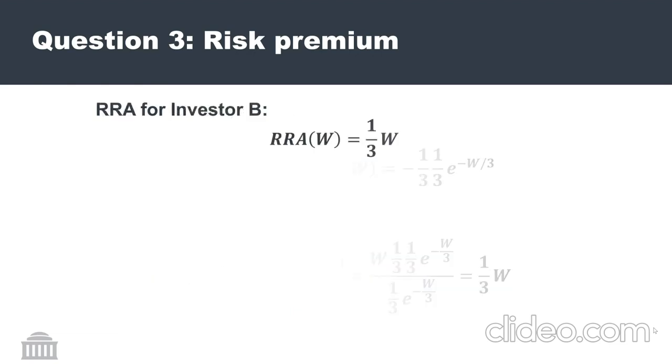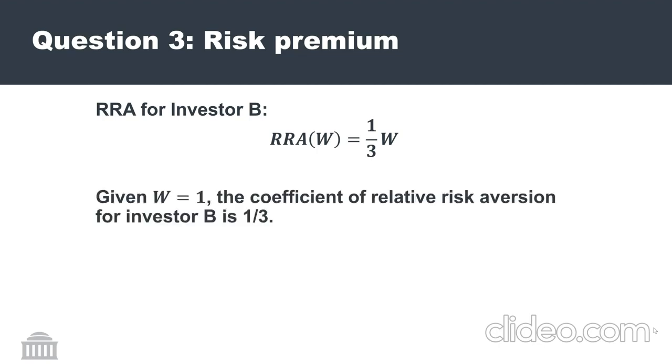Since the question asks us to evaluate the coefficient of relative risk aversion for both of these investors at the point of their initial wealth, we need to plug in W into this equation for investor B. Given that her wealth is $1, this gives us the coefficient of relative risk aversion for this investor of just 1/3.